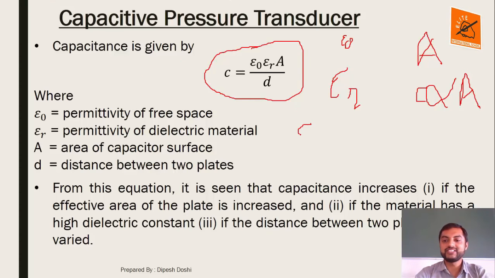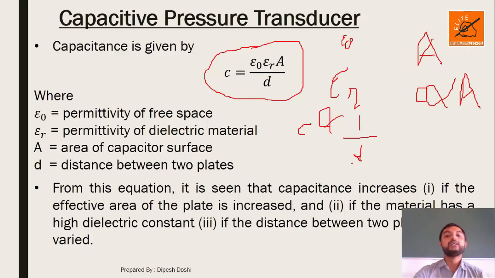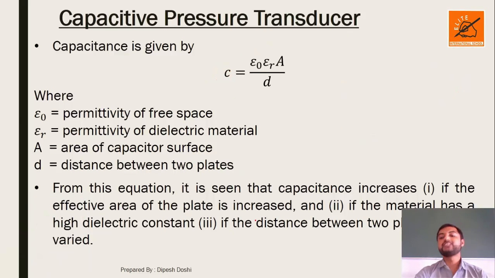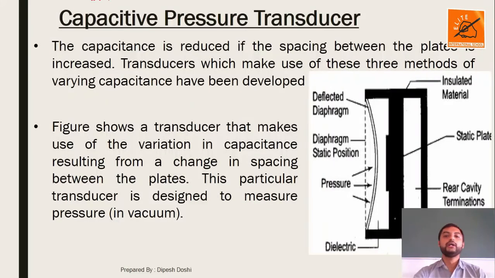Now here you can see that capacitance is inversely proportional to D, so C is proportional to 1 upon D. That's why by changing the distance between two plates you can change the capacitance. So here we have three options to change the capacitance using this formula. Clear? So here it is the working of this capacitive pressure transducer.